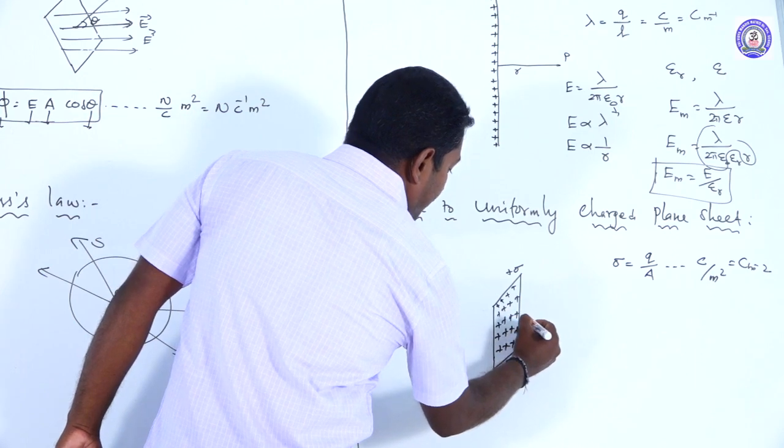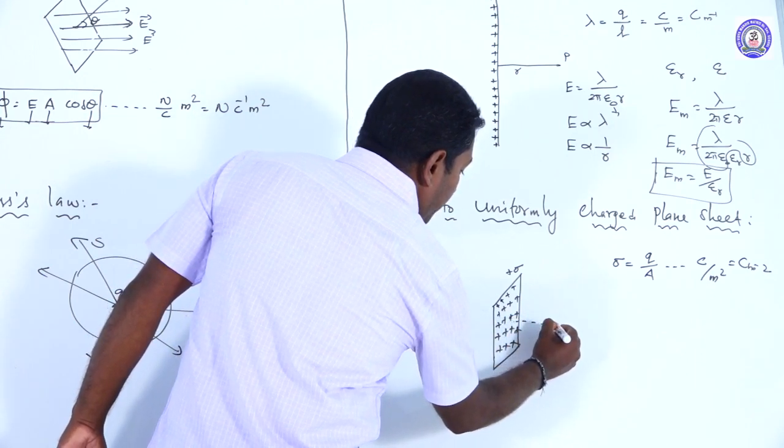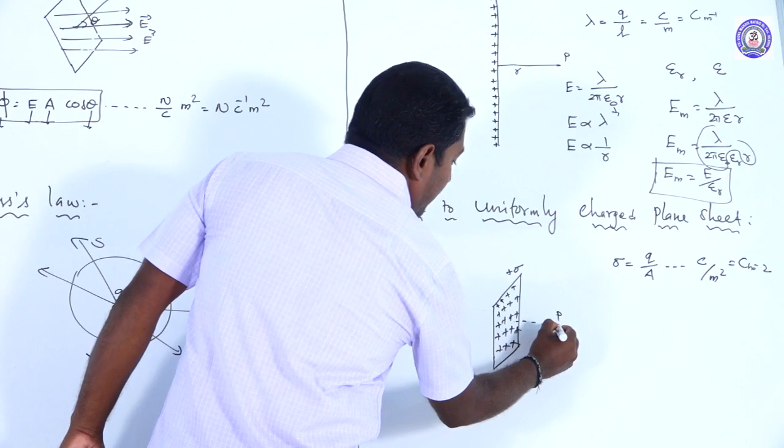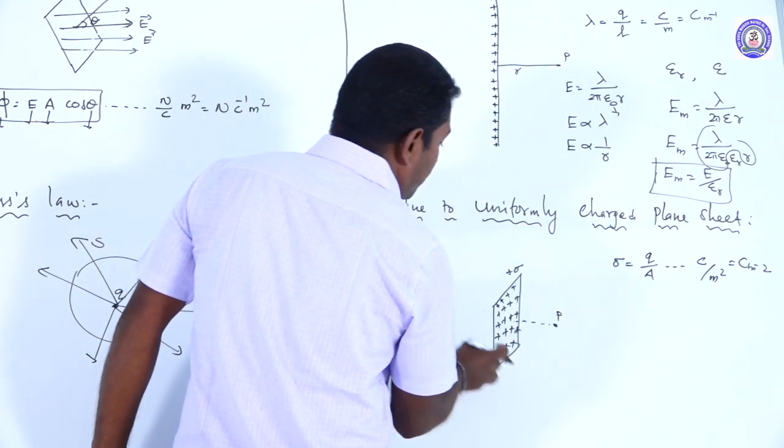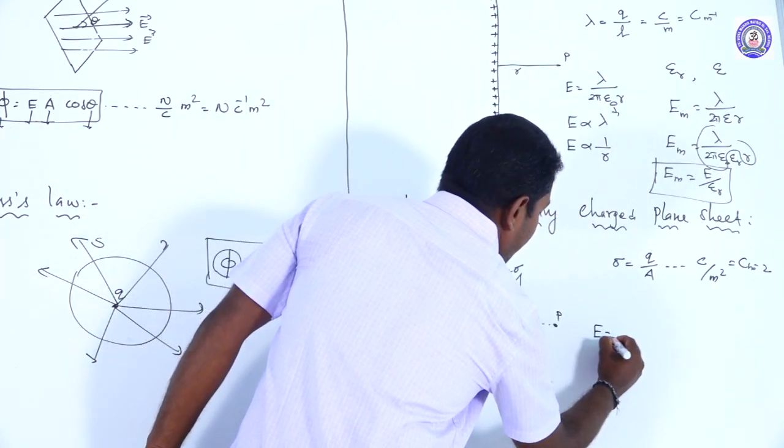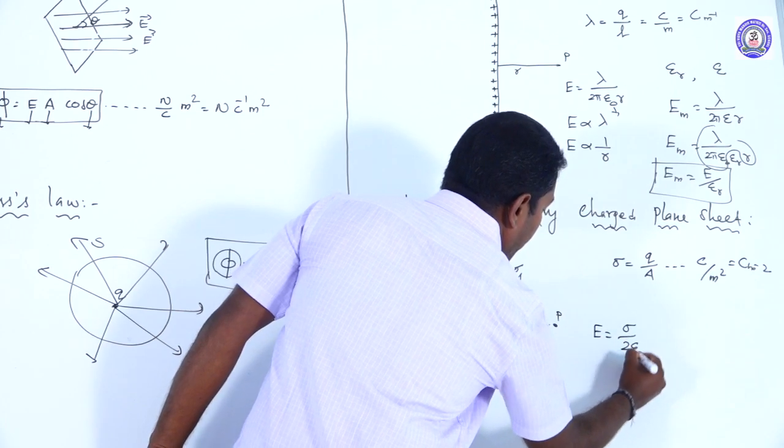Let me assume a point P on one side of the uniformly charged plane sheet. The electric field at this point P due to the uniformly charged plane sheet is E equal to sigma divided by 2 epsilon naught.